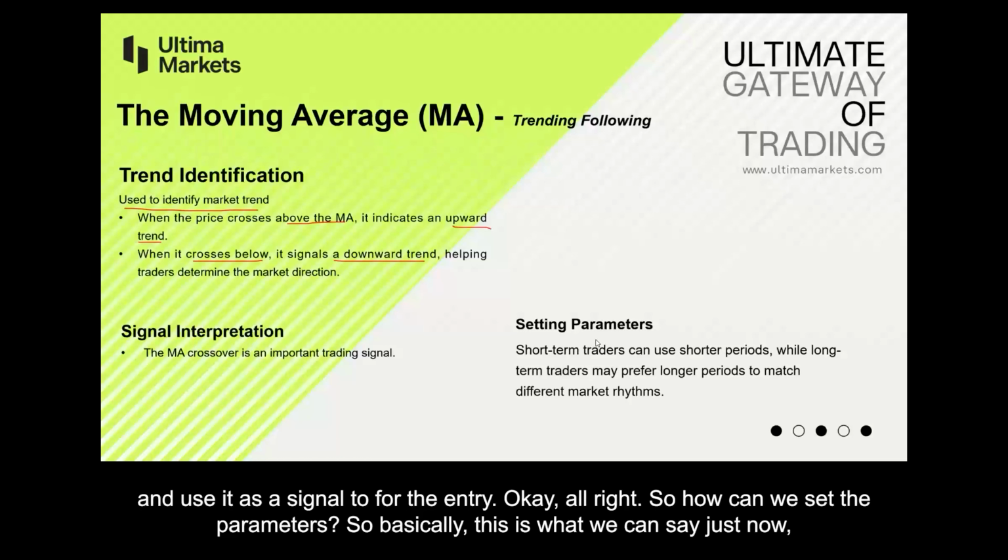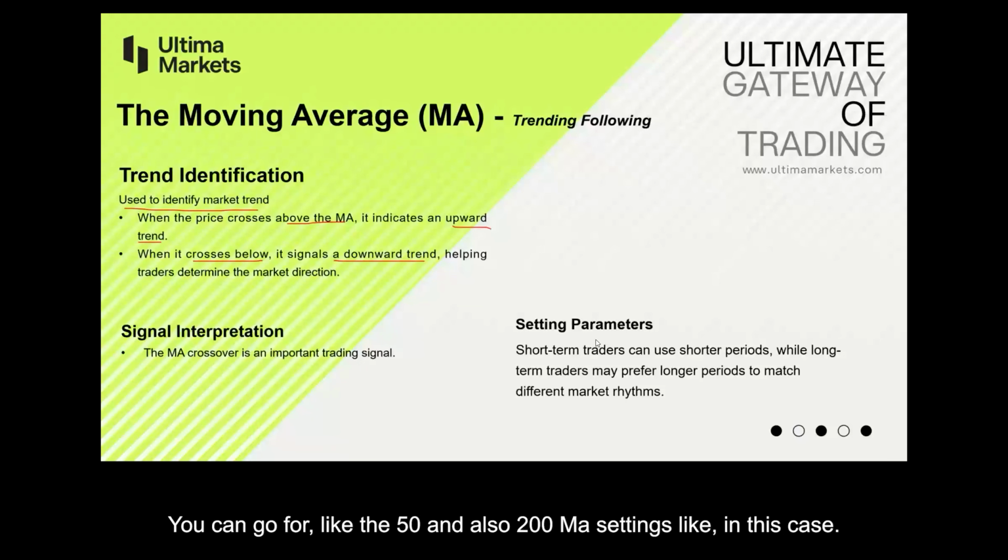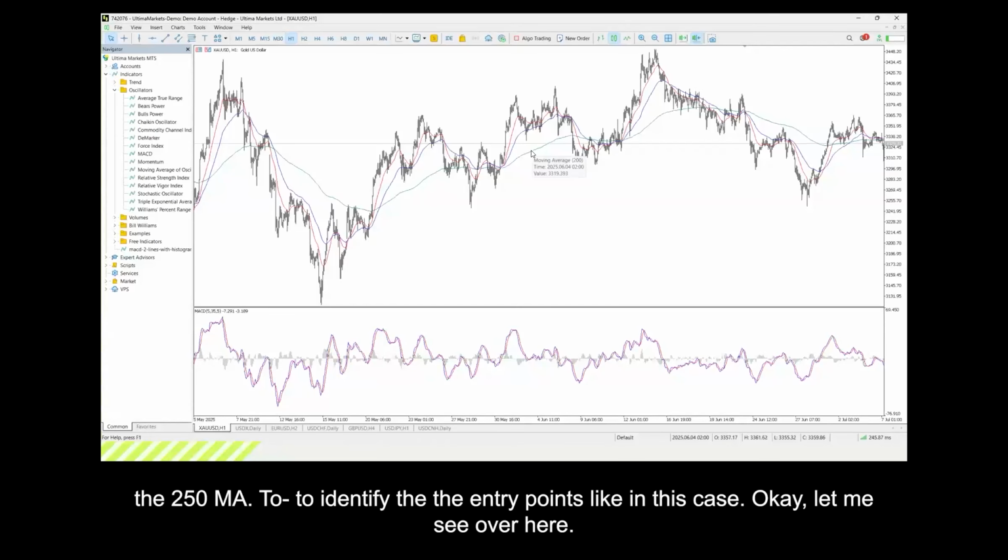Basically this is what I covered just now. If you are a short-term trader, you can use just the 20 or 50 MA. If you are a longer-term trader, you can go for the 50 and also the 200 MA settings. Like in this case, we're using the 250 MA to identify the entry points.